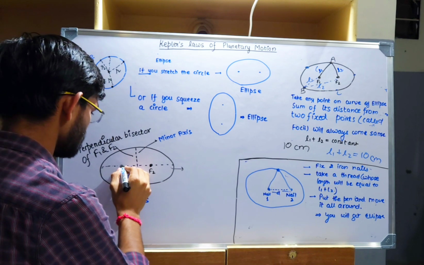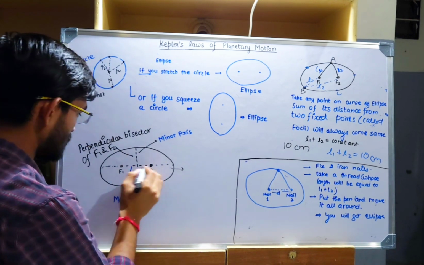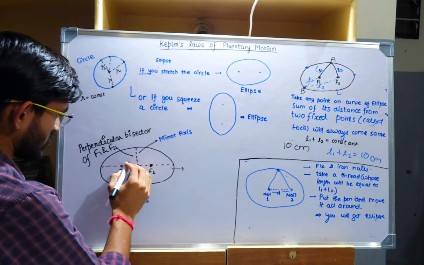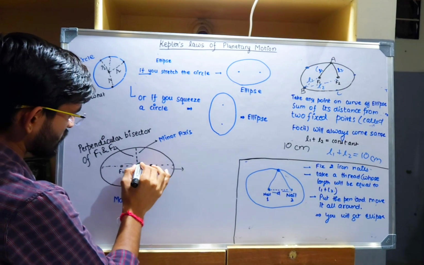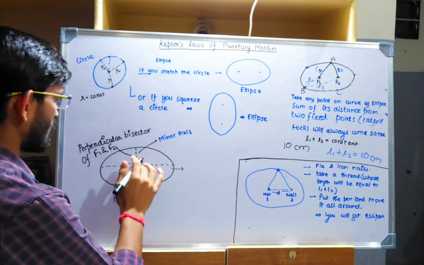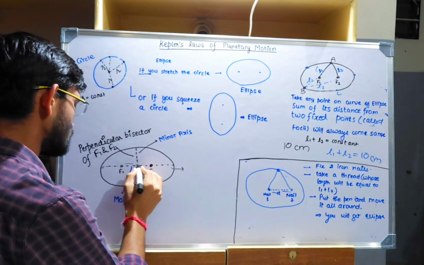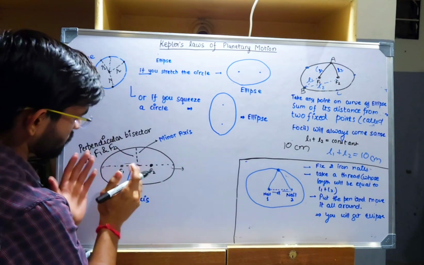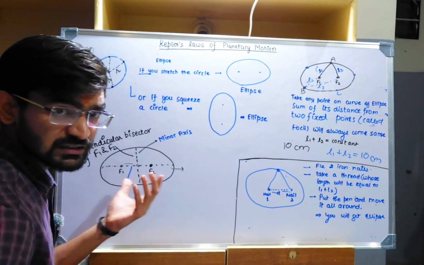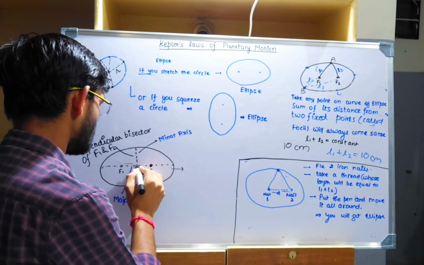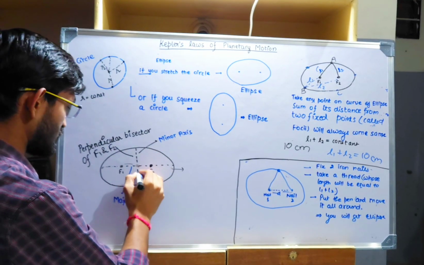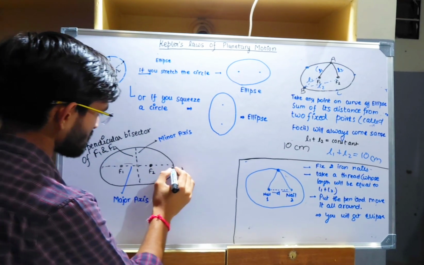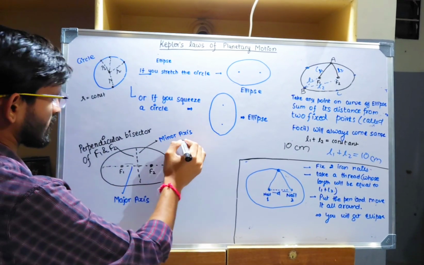And exactly in between these two points F1 and F2, means if this distance is d, then this distance should also be d, this point which is exactly in between F1 and F2 is called the center of the ellipse. If you pass a line vertically through the center, you will get the minor axis. So this is the major axis and this one is the minor axis.